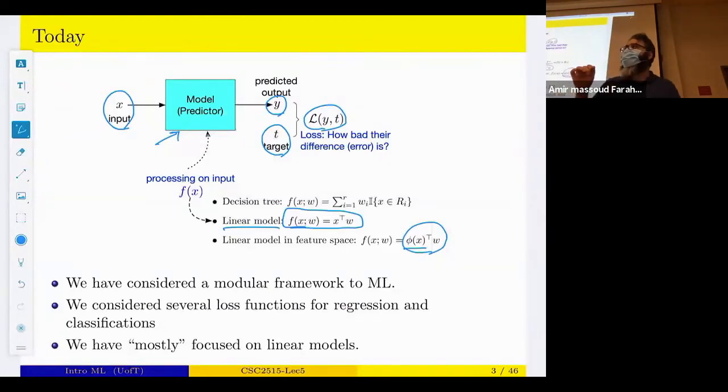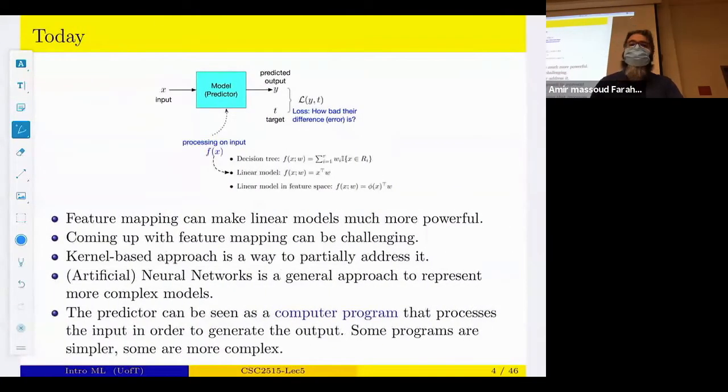By doing this, the model was not linear in the inputs x anymore, but still linear in the w's. Feature mapping can make linear models much more powerful, depending on whether we come up with a good feature map or not. But coming up with a good feature map might be challenging.